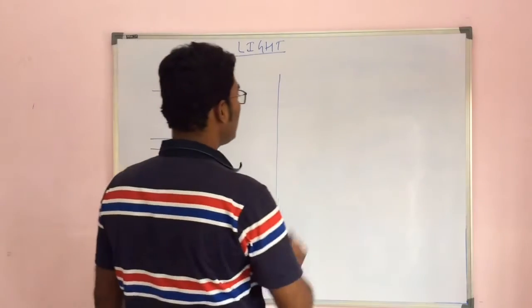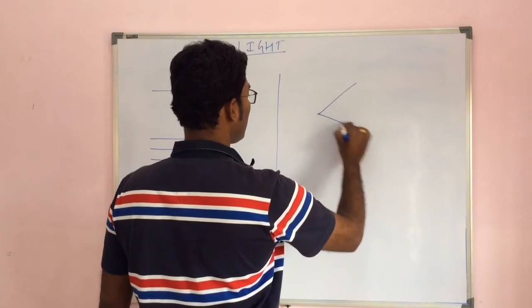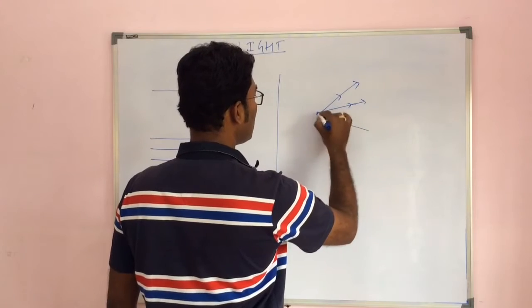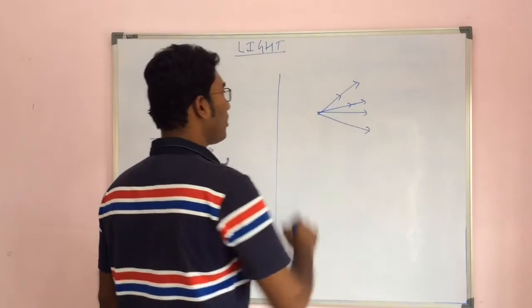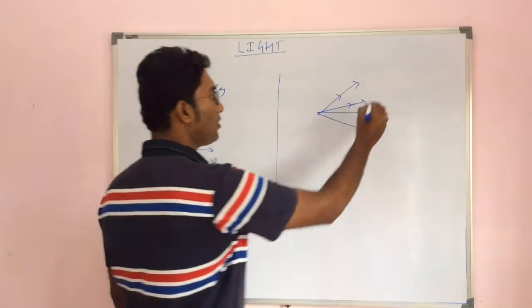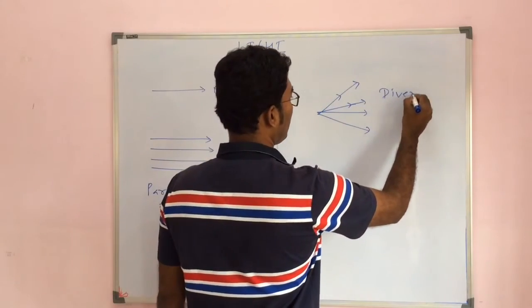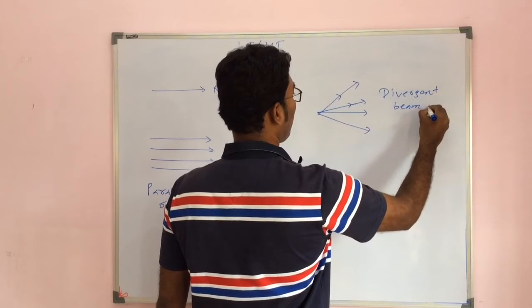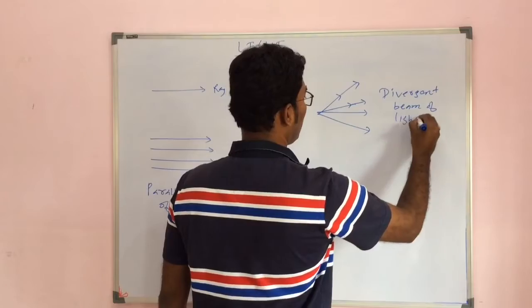Sometimes light rays may not travel parallel. For example, when light gets emitted from a source, it gets emitted in this form. This type of beam of light is called a divergent beam of light.